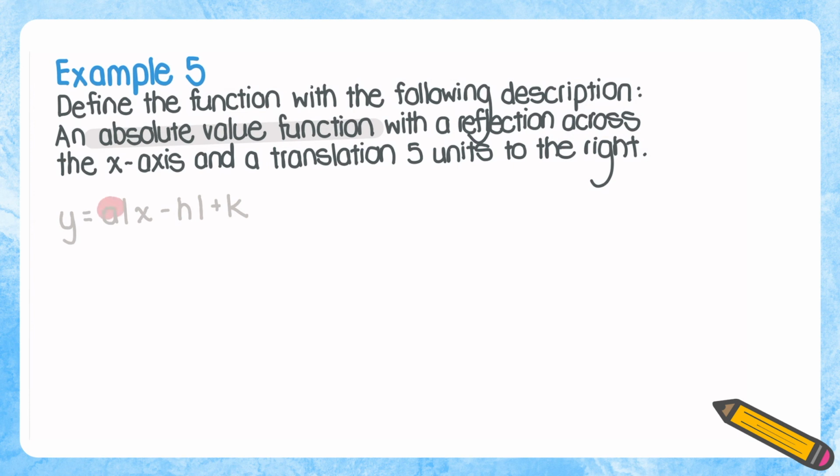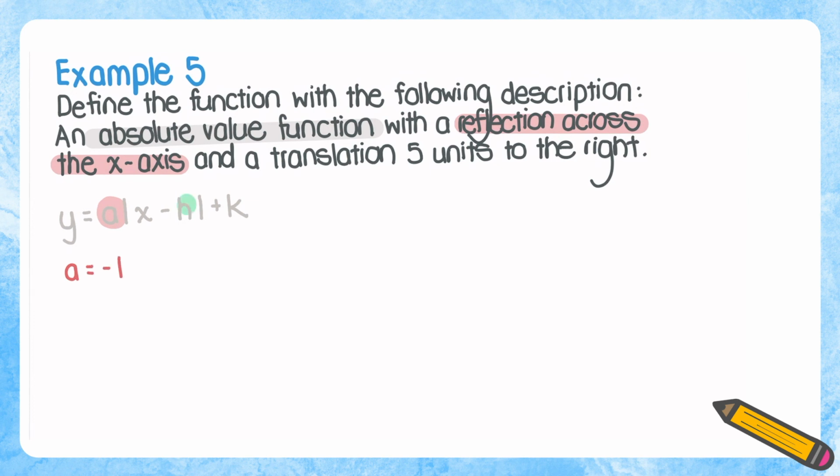For this example, for a, there's no dilation, but we do have a reflection across the x-axis. So a is going to be negative, and since there's no dilation, it's going to be negative 1.